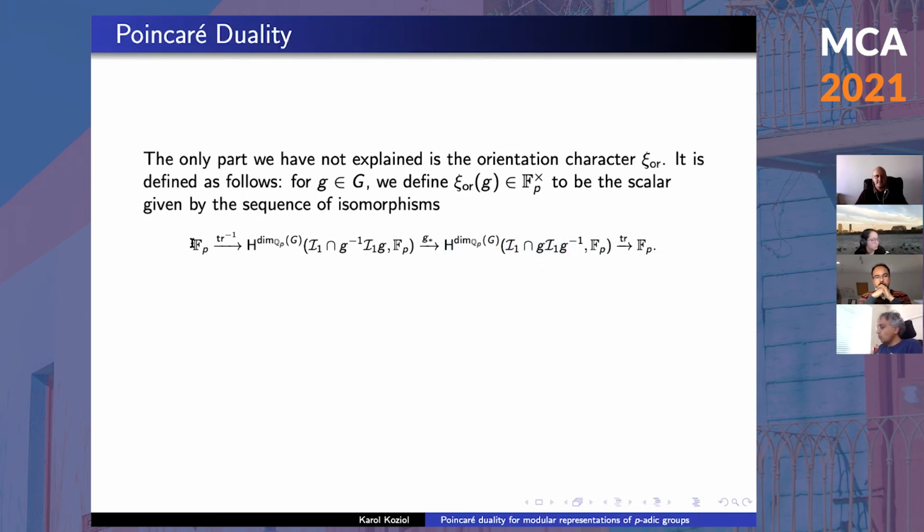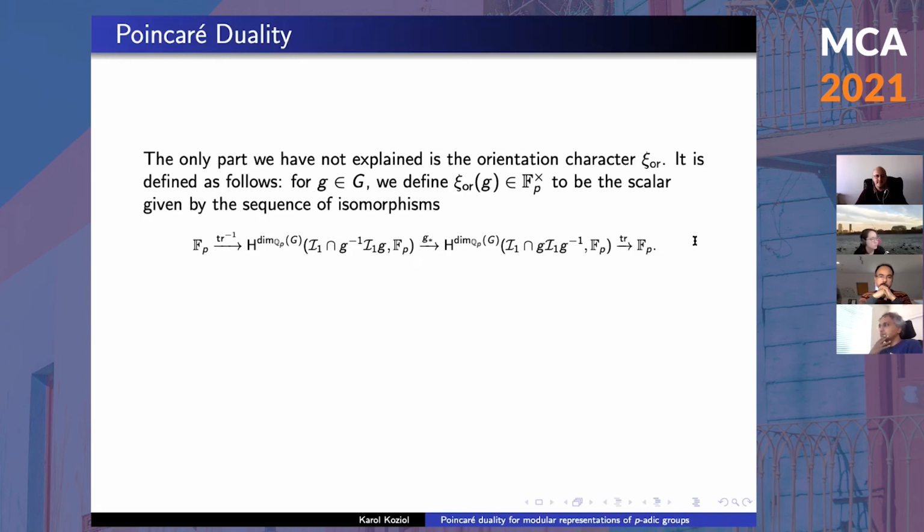So what I do is I start from F_p, take the inverse of the trace map to get to this group, then I conjugate by g to get to another cohomology group, and then I take the trace map back down. It turns out that this gives a character, so it's a homomorphism, which is not clear immediately from the definition.